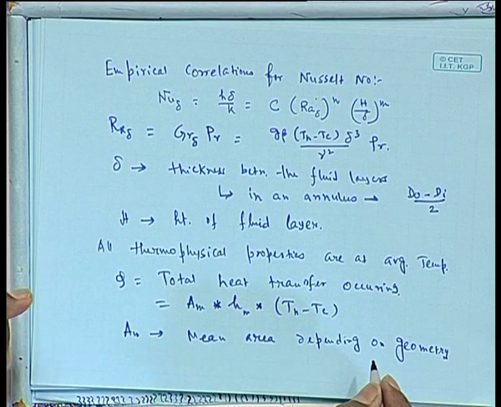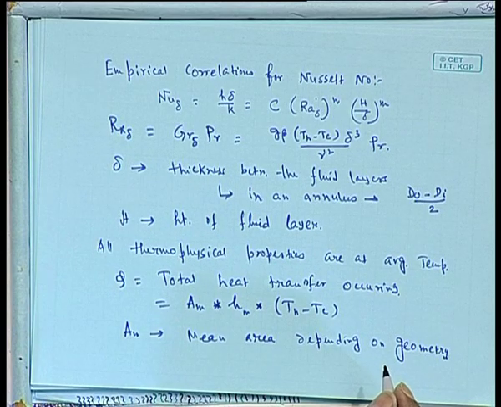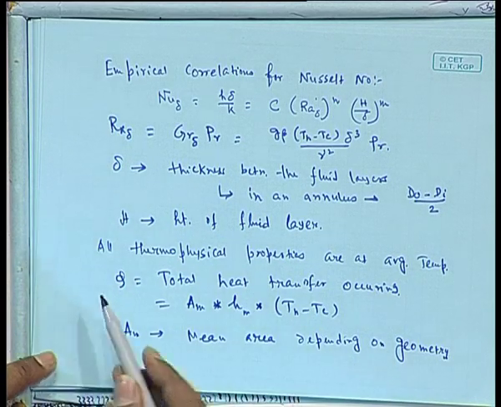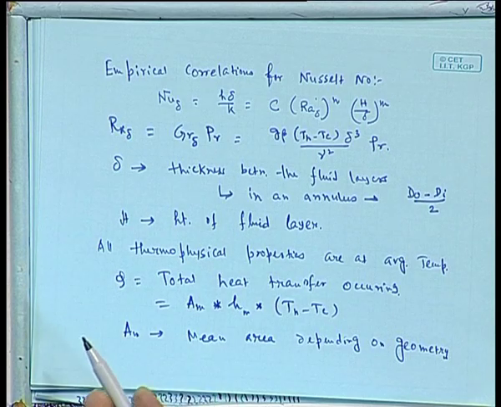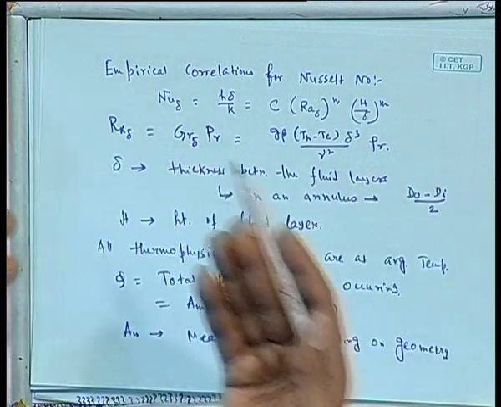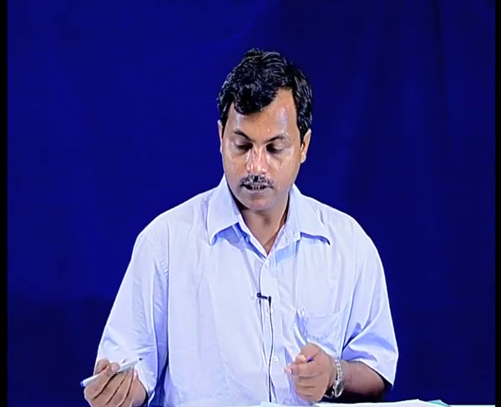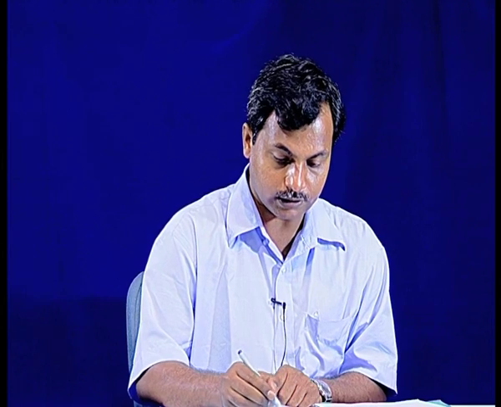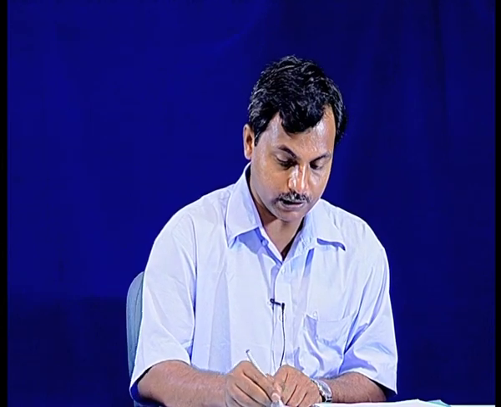For the plane layer, that means heat transfer between two horizontal plates, the area will be the area of the plate, that is the heat transfer area. If it is a cylindrical annulus, you can calculate the area, and for a sphere also some average area will be there.